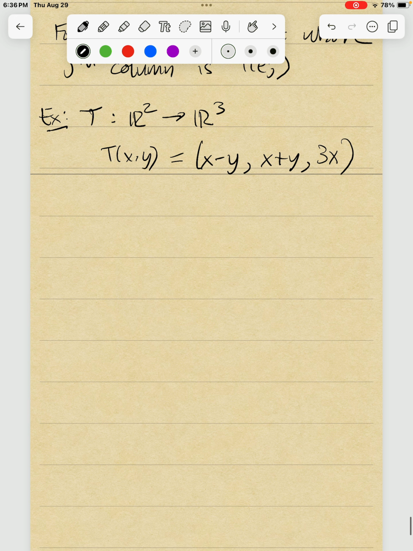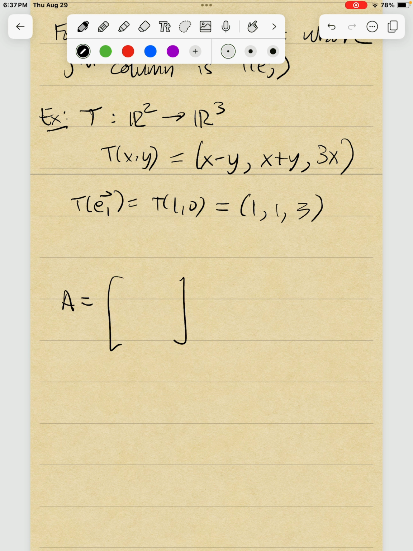Okay, so how do you get a matrix from this function? You take T of E1, that's T of 1, 0, and that's equal to 1 minus 0 is 1, 1 plus 0 is 1, 3 times 1 is 3. And so you get a matrix where the first column is 1, 1, 3.